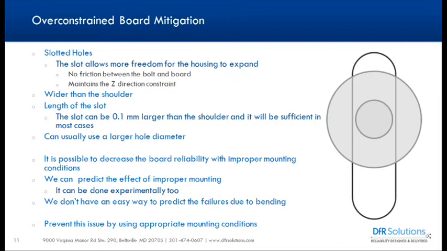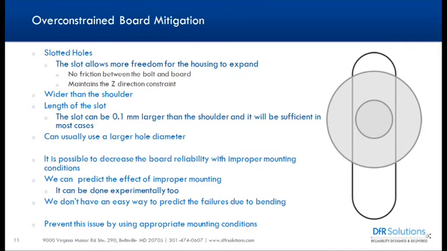There's a trade-off to everything. It's possible to actually decrease board reliability if you improperly mount the board. So you're trying to mitigate vibration and shock while at the same time not messing yourself up for thermal cycling. The cool thing is that we can actually predict the effect of improper mounting.